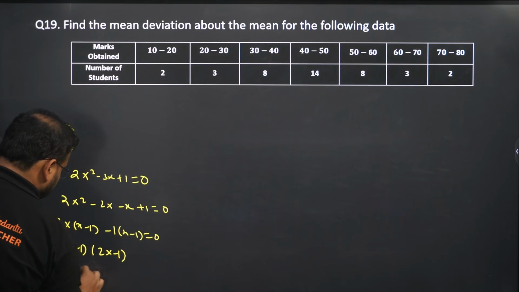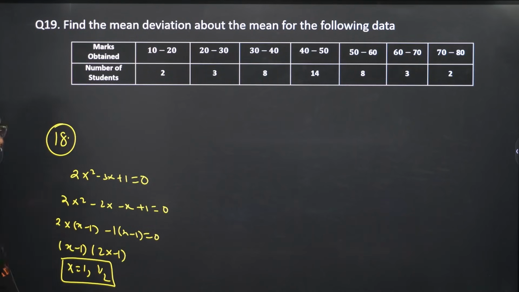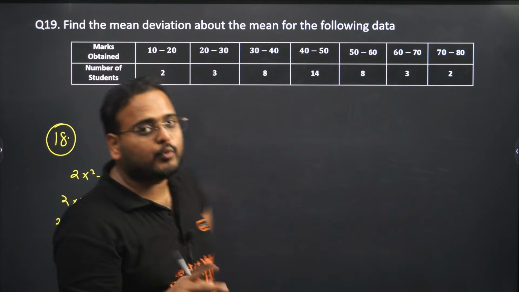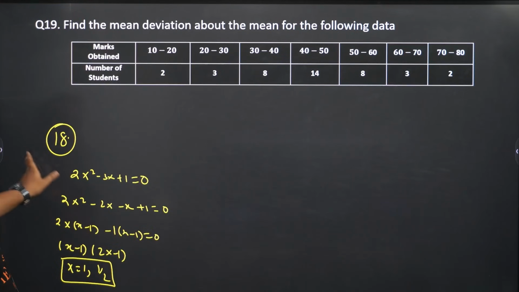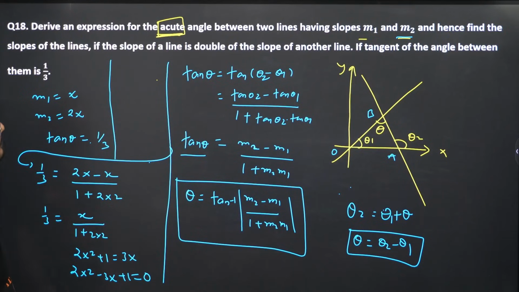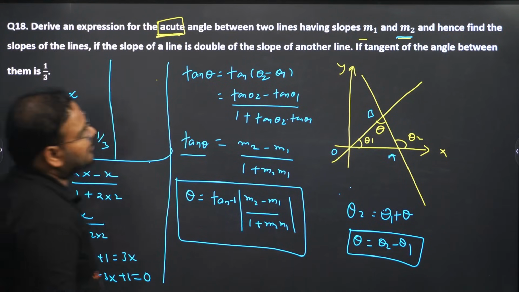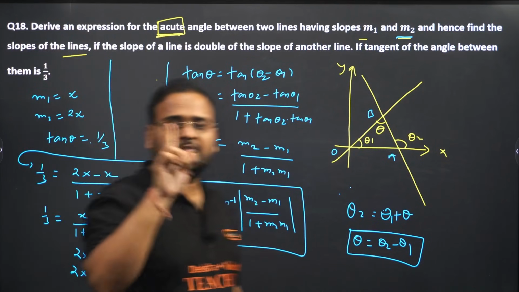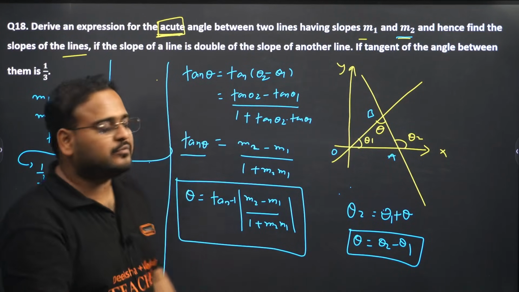Slopes are coming as either 1 or 1 by 2. X is 1 or 1 by 2. When you take x as 1, 2x will be 2. When you take x as 1 by 2, 2x will be 1. Slope will be what? Find the slopes, right? So first slope, if you take x value as 1, slope of the first line as 1. Second will be twice of that, so 2.